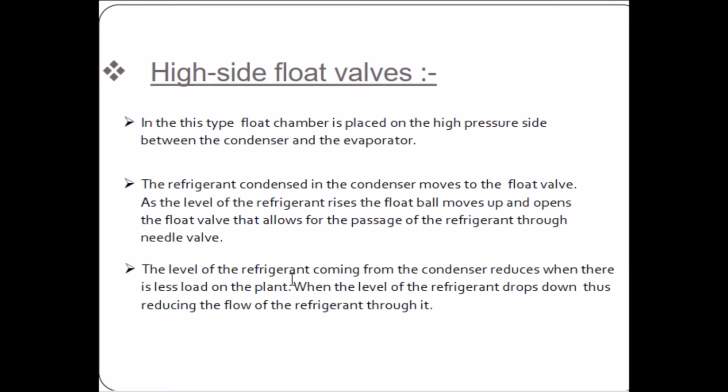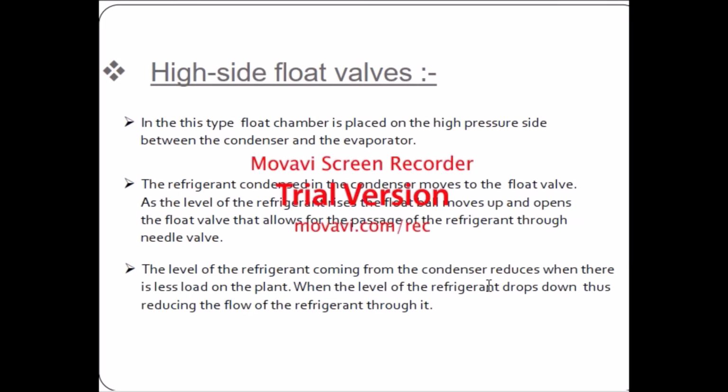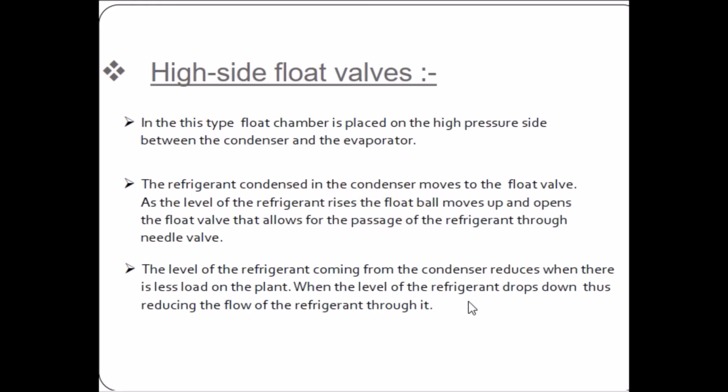The level of the refrigerant coming from the condenser reduces when there is less load on the plant. When the level of the refrigerant drops down, the flow of refrigerant through it is reduced.